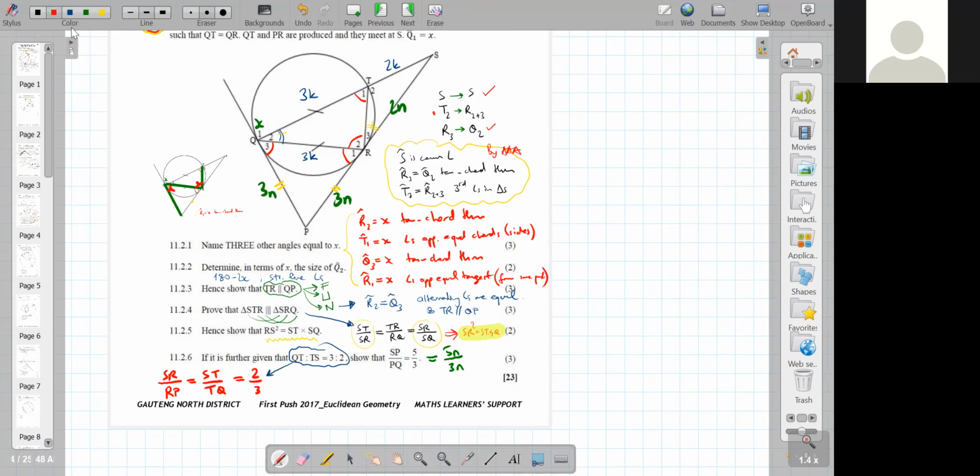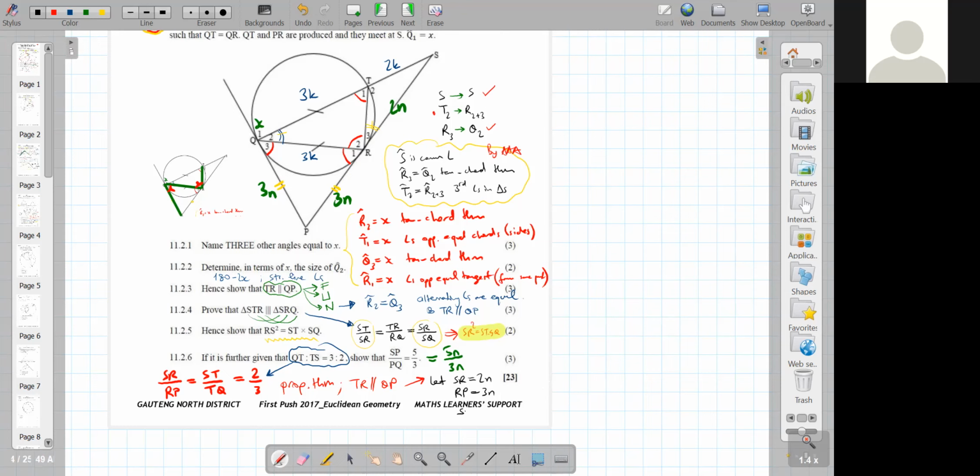So this information I use there, that's given. But how can I write what I wrote? Because of the proportion theorem. Why? Because TR is parallel to QP. Once you have written that, you can just say, let SR be 2n, and then RP is 3n. And then SP is 5n.